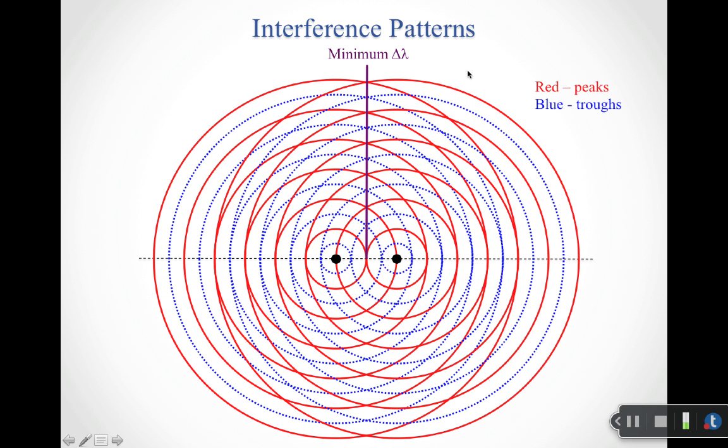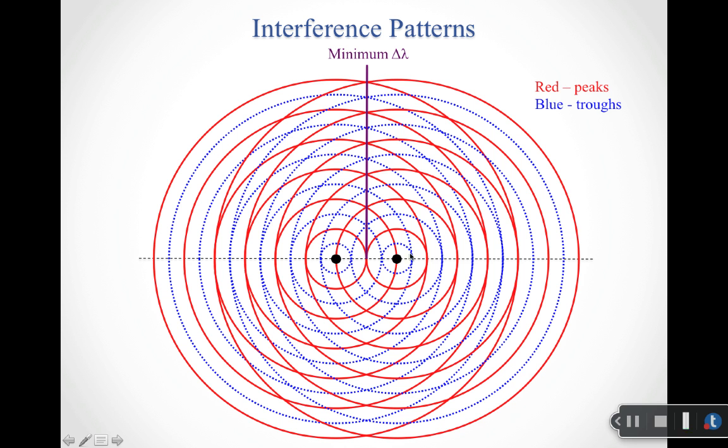Now the other point of interest: we talked in one of the problems on Friday about starting along this center line and walking in some direction, and as you get infinitely far away, that's like being on this line here. The other interesting thing is what's going on along the line that connects our two sources.